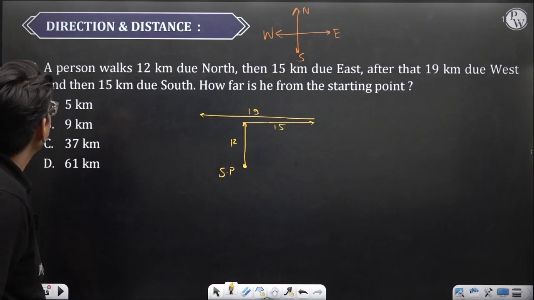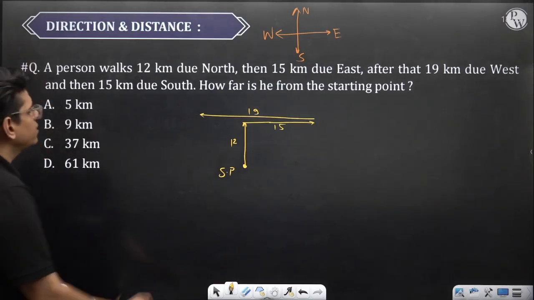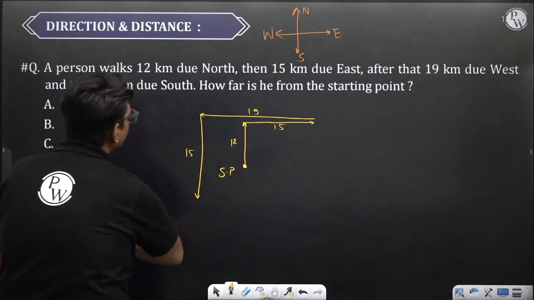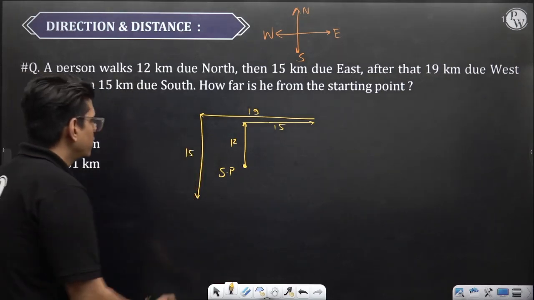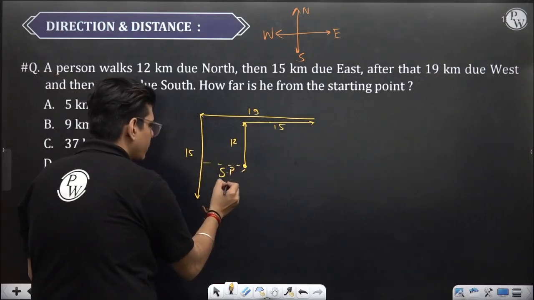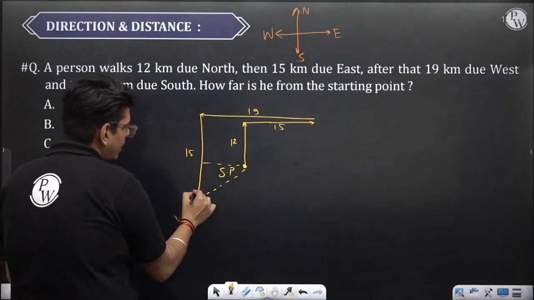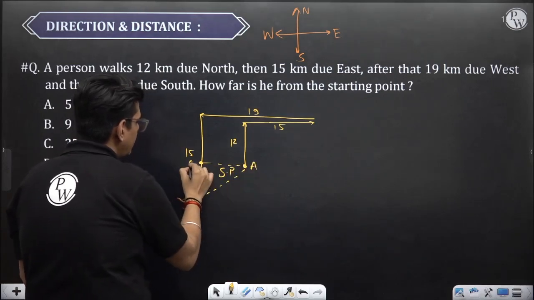And then 15 kilometers due south. This is south direction. This is 15, right? How far is he from the starting point? So we need to calculate. This is final. Let me name these points. Let this be A, this is B, and this is C.